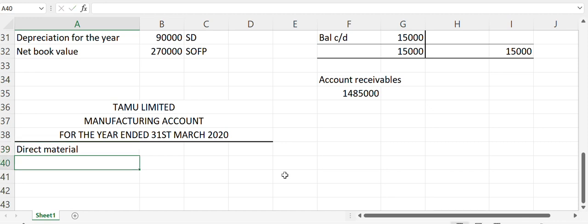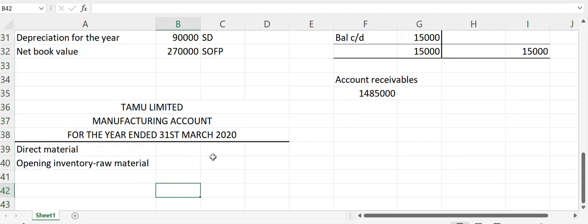So we start with direct material. Remember the direct material, we always start with the opening inventory of raw material. Don't forget that we are dealing with raw material. So let me put here shillings.